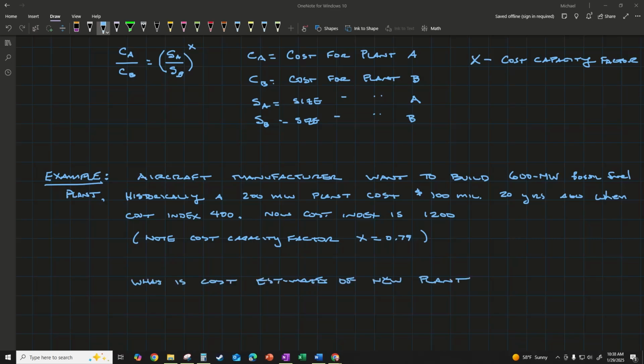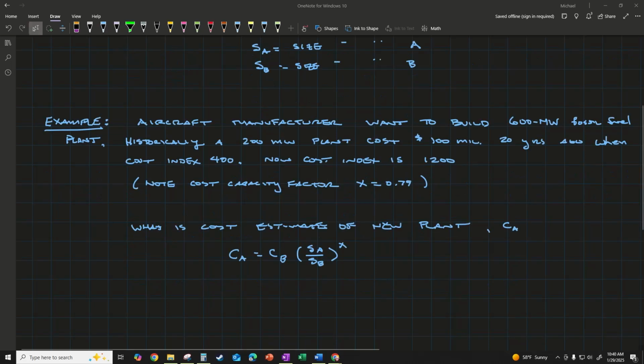So what is the cost estimate of the new plant? Let's call that CA. We have a couple of things going on. First off, we have a desire to build a 600 megawatt plant. And in the past, we only had a 200 megawatt plant and the cost of that plant.